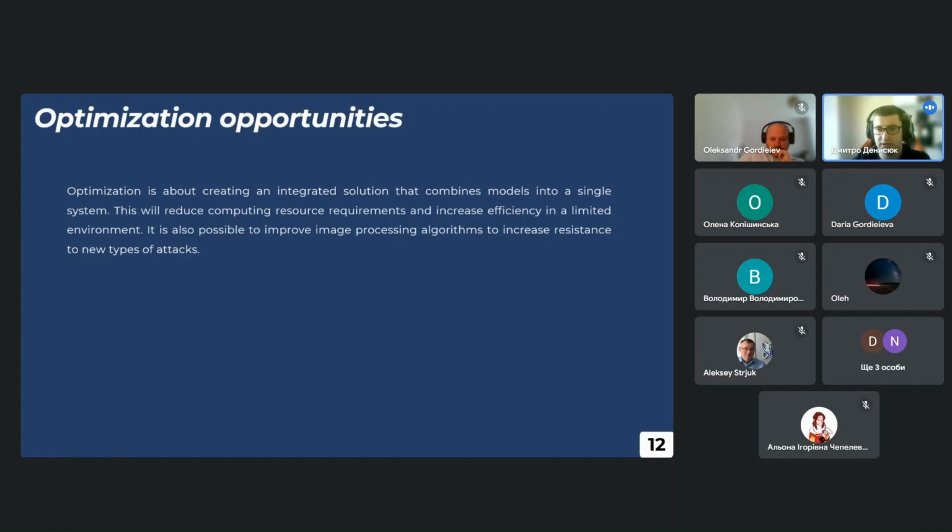This will reduce the amount of computation and improve system performance. It also allows applying model compression and transfer learning methods, which will help reduce memory and CPU requirements.